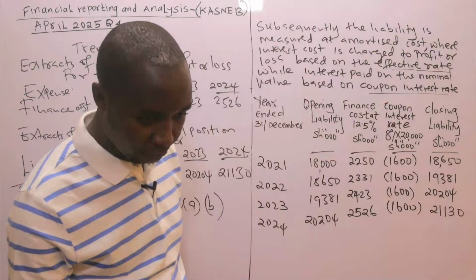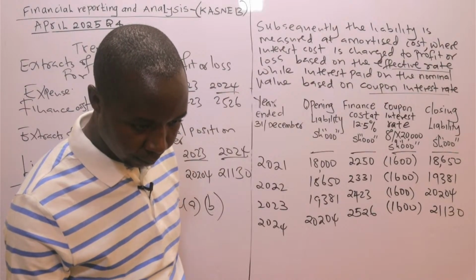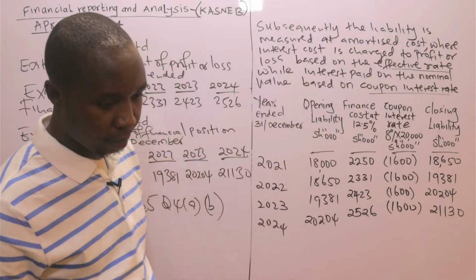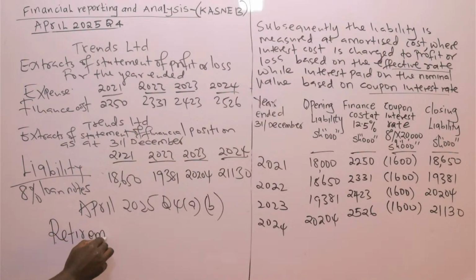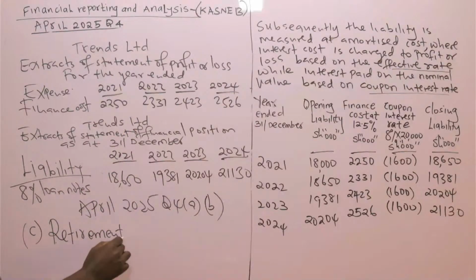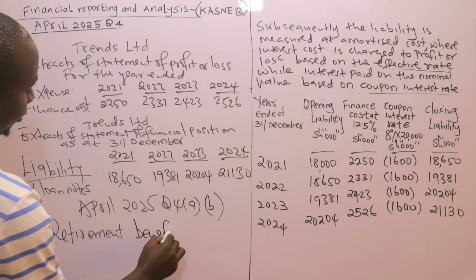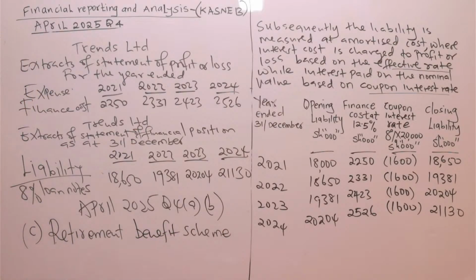So we can do part C of this question, because we have done part A and part B. Part C is all about a retirement benefit scheme. It has various statements you are told to prepare there.